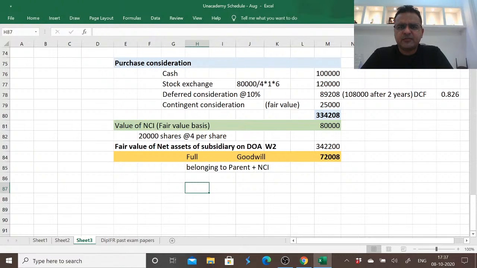The relationship is simple: if this goodwill gets impaired, then the impairment loss is allocated to group retained earnings as well as NCI, because the goodwill is belonging to parent as well as NCI. In case of partial goodwill, the goodwill is only impairing in case of parent, since the goodwill belongs to parent only. So that's the difference it makes when we value NCI on proportionate share of net assets or fair value basis.